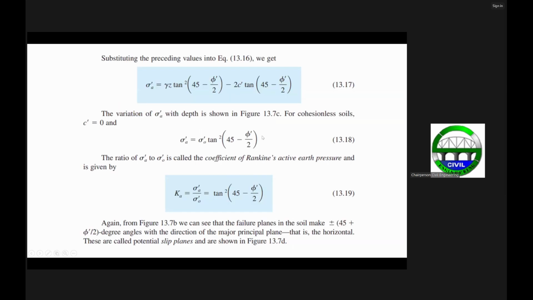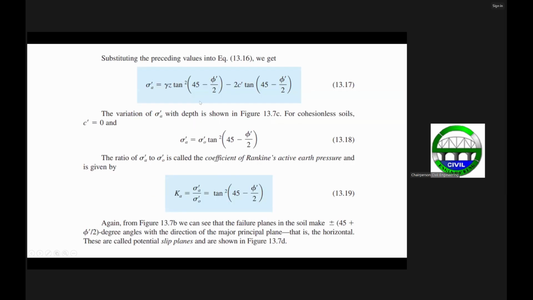Okay, if you try to recall our trigonometric identities, then we can substitute this one here, and this one here, in such a way that we can have this equation now.